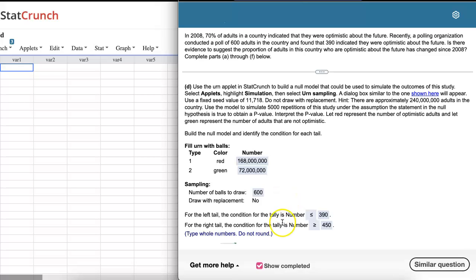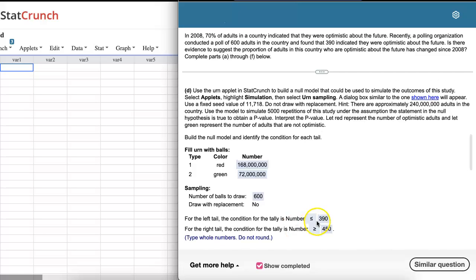As far as the left tail and right tail conditions, for the left tail, we want to know if it's less than or equal to 390. That was given to us here, but what we need to see is how different that is from the 70% of 600 adults.